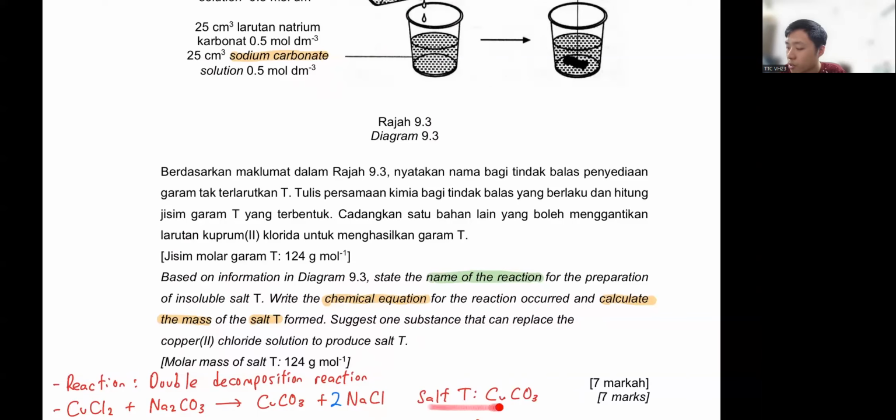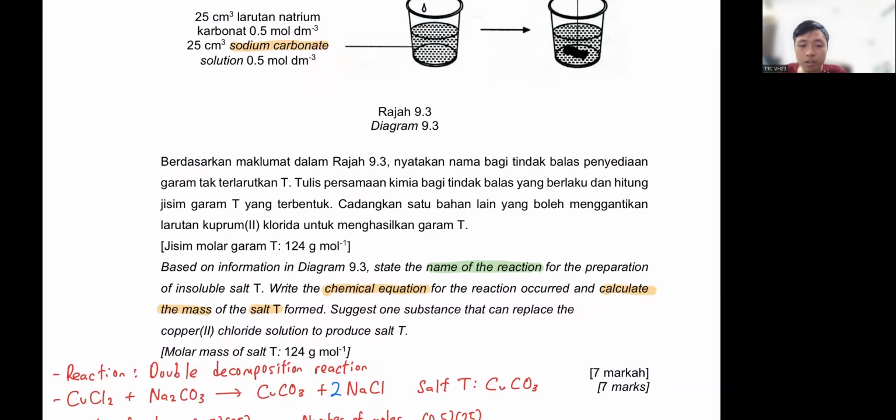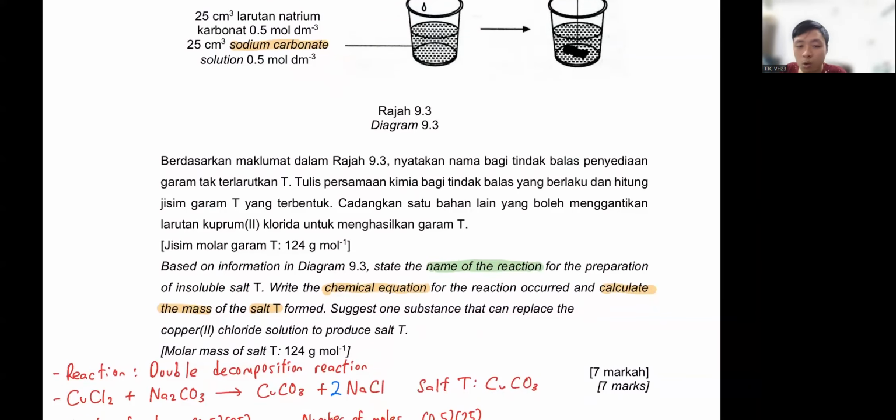Basically, salt T is CuCO3. Then they ask us to calculate the mass of salt T formed. Then they want us to suggest one substance that can replace copper(II) chloride.